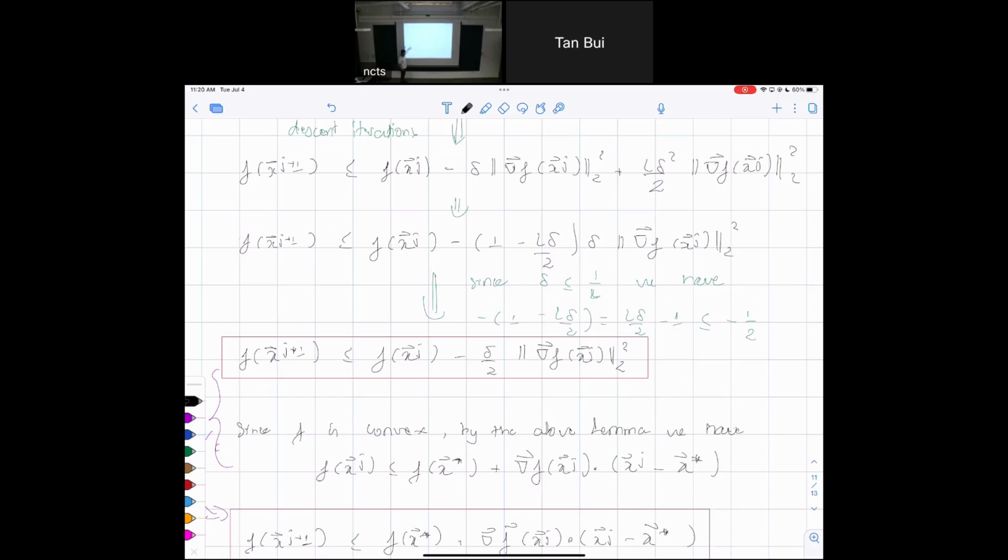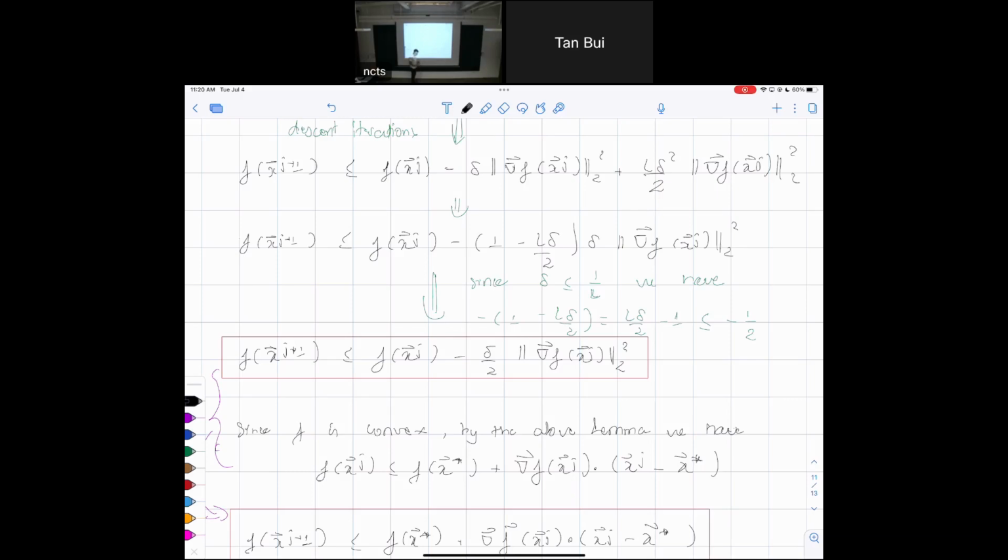You see that by doing gradient iteration, our function actually decreases after every iteration. The function evaluated at the new point is less than or equal to the function evaluated at the previous point minus a positive number. So by choosing the delta this way, we ensure that every step we actually decrease the function.